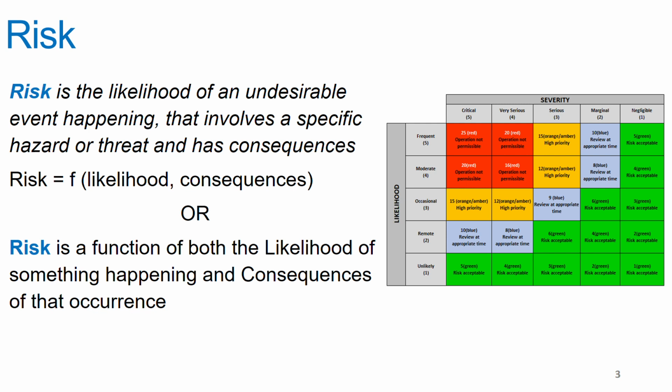We defined this in the previous session. For more details on this definition, you can kindly rewatch session 7, and you'll be able to understand further explanation on this definition. In the picture there, we have what we call a risk matrix.